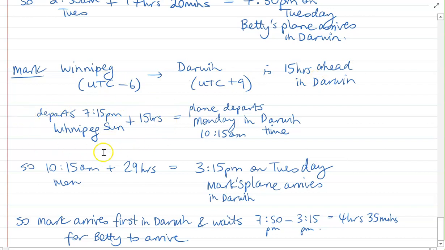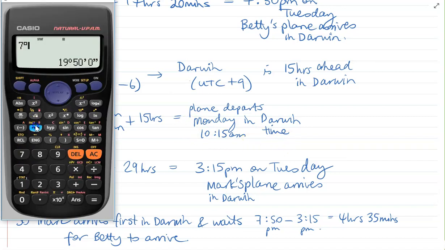So I'm going to convert when he departs into Darwin time. So if he departs at 7:15 p.m. on Sunday in Winnipeg, that's the equivalent time in Darwin where it would be Monday at 10:15 a.m. Again, you can check that. So 7:15 plus 15 hours.